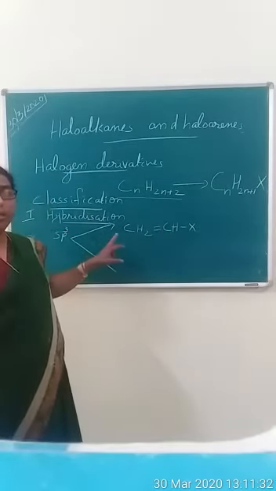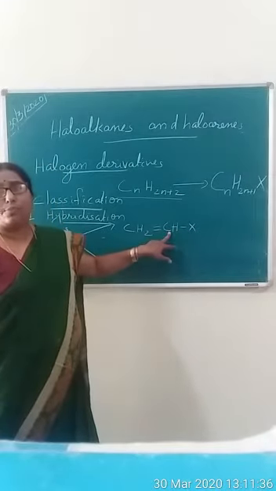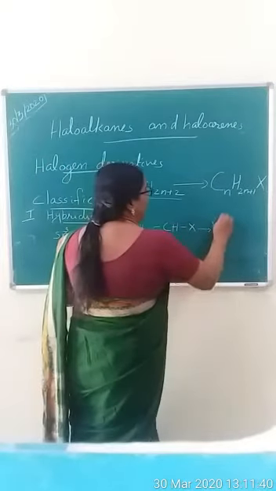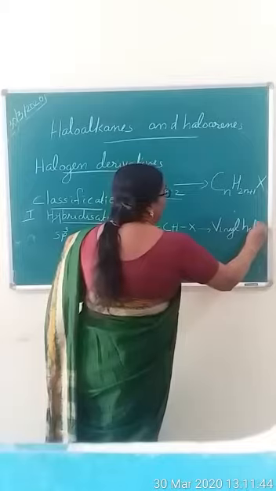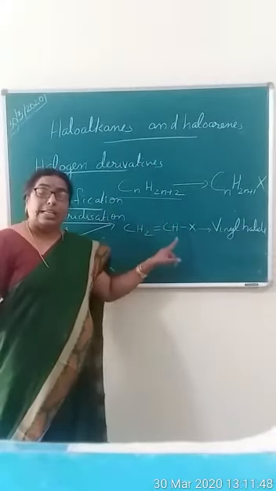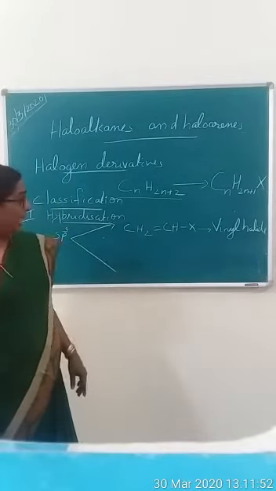This type of halogen derivative is termed as vinyl halide. If the halogen atom is directly attached to sp2 hybridized carbon, it is termed as vinyl halide.